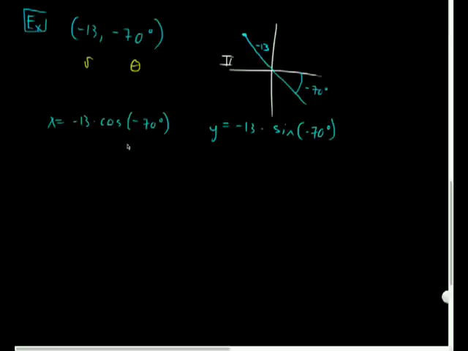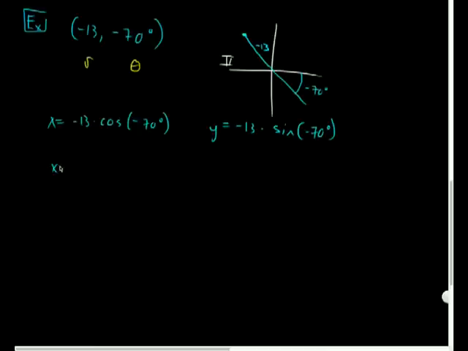So reaching for my handy-dandy calculator here. Let's see, is this going to work correctly? I hope so. So cosine of negative 70, I should put it in degree mode, shouldn't I?